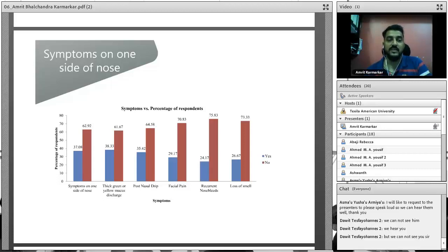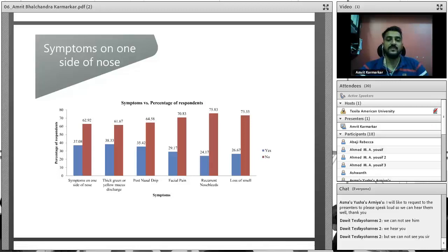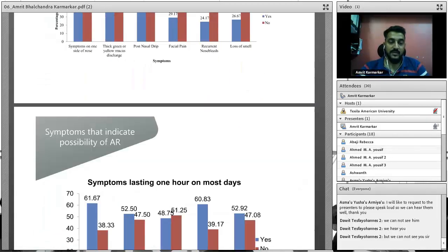According to the BSACI guideline, the British guideline for allergic diseases, if the symptom is there on one side of the nose, then the diagnosis could be alternative, that means it is not allergic rhinitis.